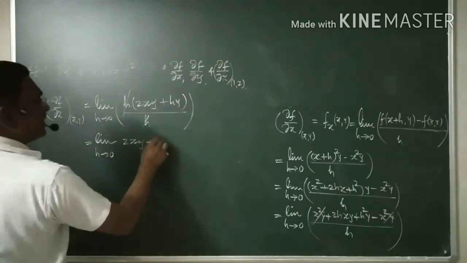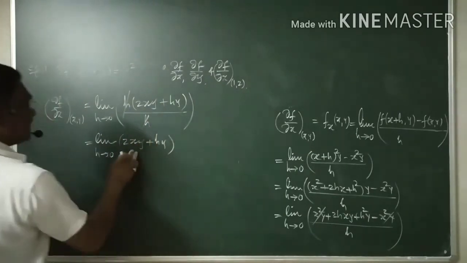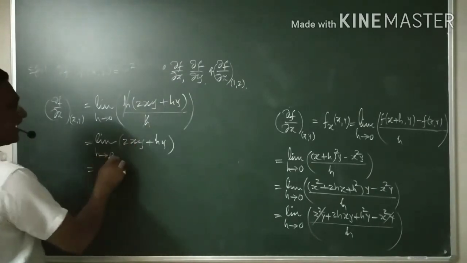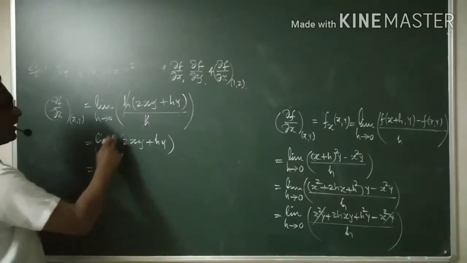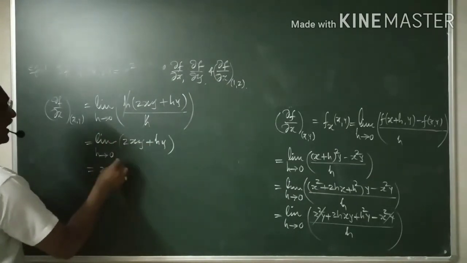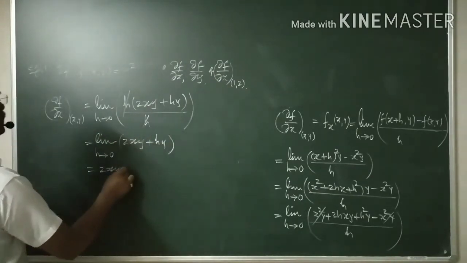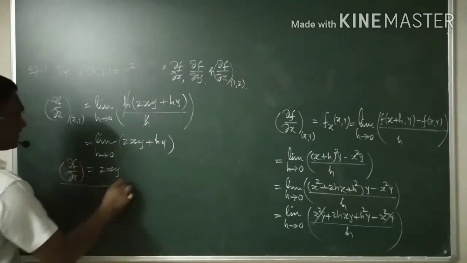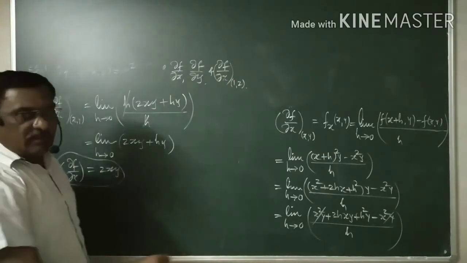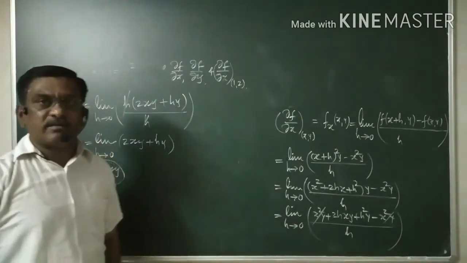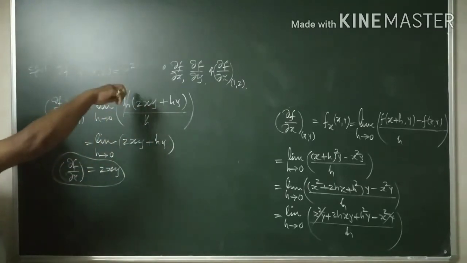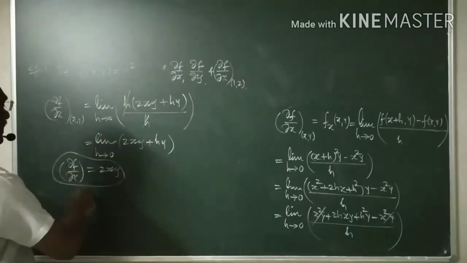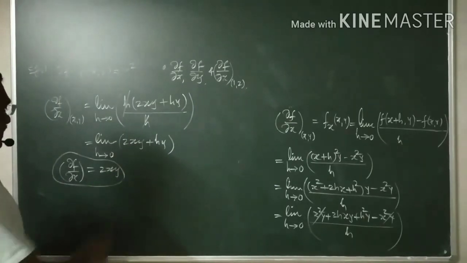Which is equal to the limit h tends to 0 of 2xy plus hy. This first term is independent of h, therefore it comes to be 2xy, and hy tends to 0, therefore the answer is ∂f/∂x, which is nothing but 2xy by using our definition. By using the formula we get 2xy, and by using the definition again 2xy.